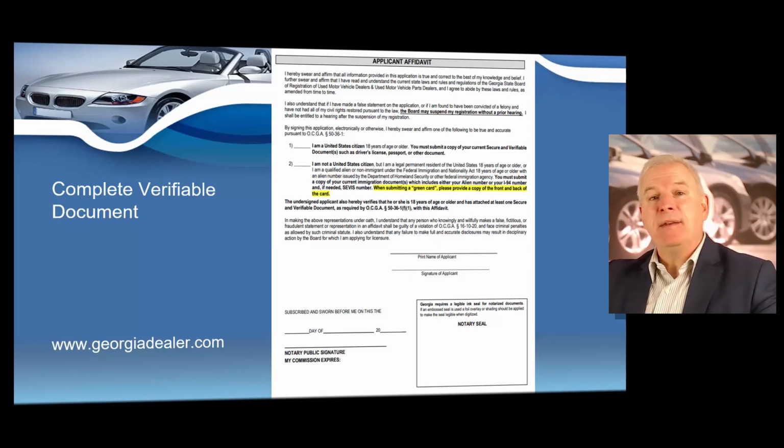An unexpired military ID card, an unexpired tribal identification card, an unexpired U.S. permanent resident card or alien registration receipt card, or birth certificate, or any other documentation that is approved under OCGA 50-36-1(f)(1). Did you get all that? And by the way, the OCGA stands for Official Code of Georgia Annotated, which is the most current Georgia state law. This form, as you see here, must also be notarized.